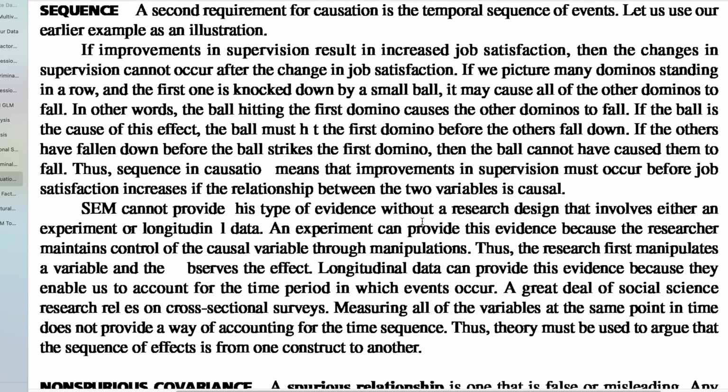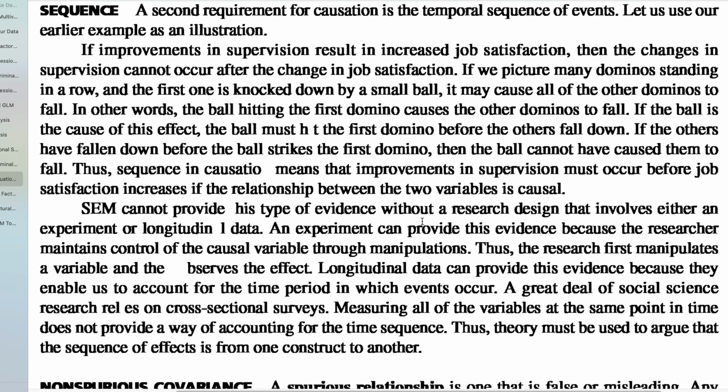Structural equation modeling cannot provide this type of evidence without a research design that involves either an experiment or longitudinal data. An experiment can provide this evidence because the researcher maintains control of the causal variable through manipulation. The researcher first manipulates a variable and then observes the effect.